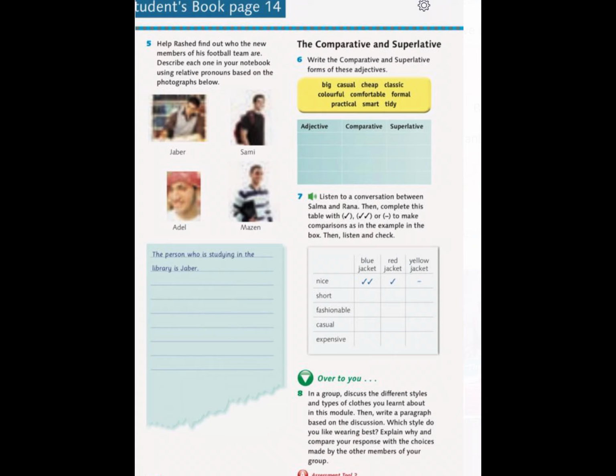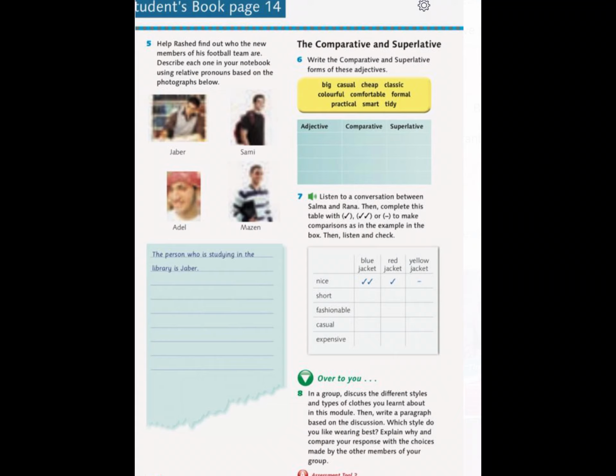So for the adjective we have big. For the comparative, remember the rules that we talked about in the previous worksheet that I've given you last. So if we have a one syllable word, a short word, okay, for the adjective, big is one syllable.